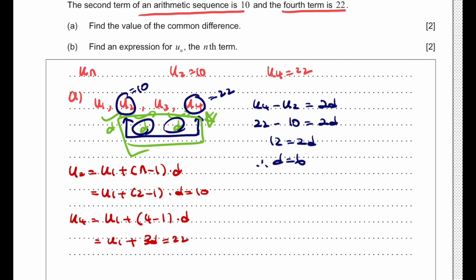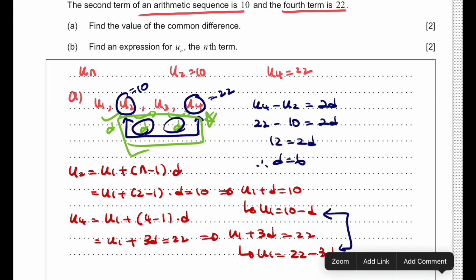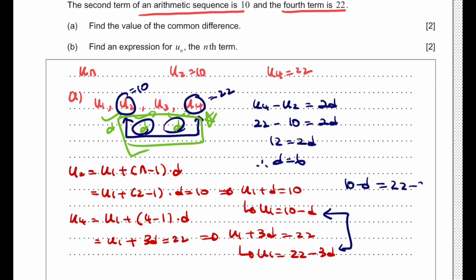Then since we know that U1 plus D equals 10, and U1 plus 3D equals 22, we can change this format to U1 equals 10 minus D, and this format to U1 equals 22 minus 3D. Then we can set these two equations equal to each other. Then 10 minus D is equal to 22 minus 3D.